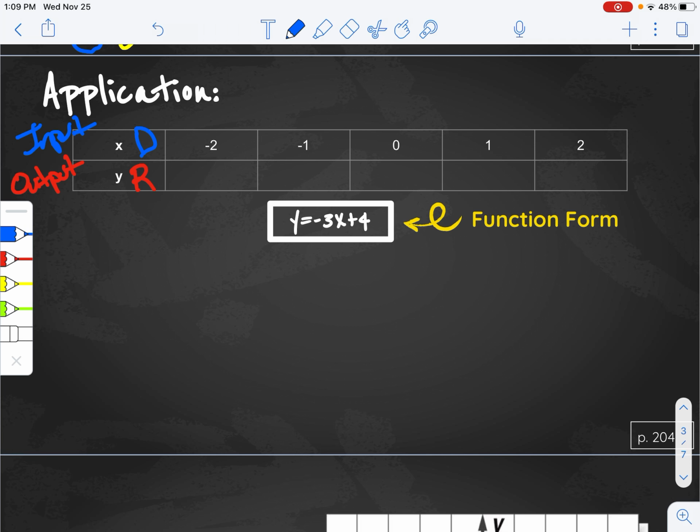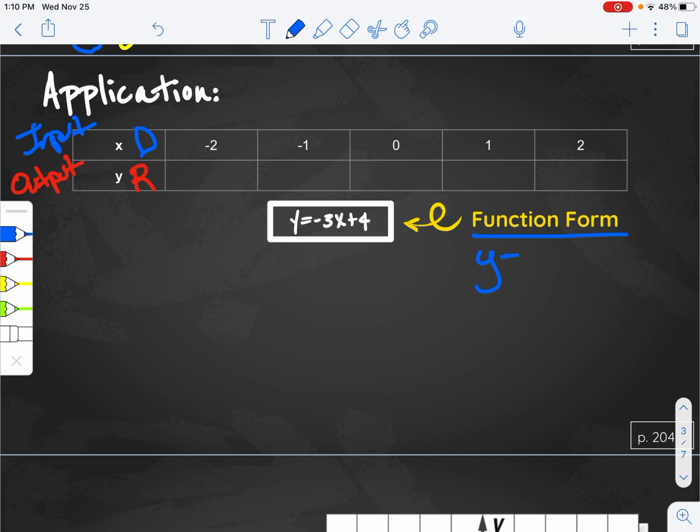This is what we call a function. A function comes into play when we take our input, plug each input into our function, and that gives us the output. When it's written in the form y equals negative 3x plus 4, we call that function form.